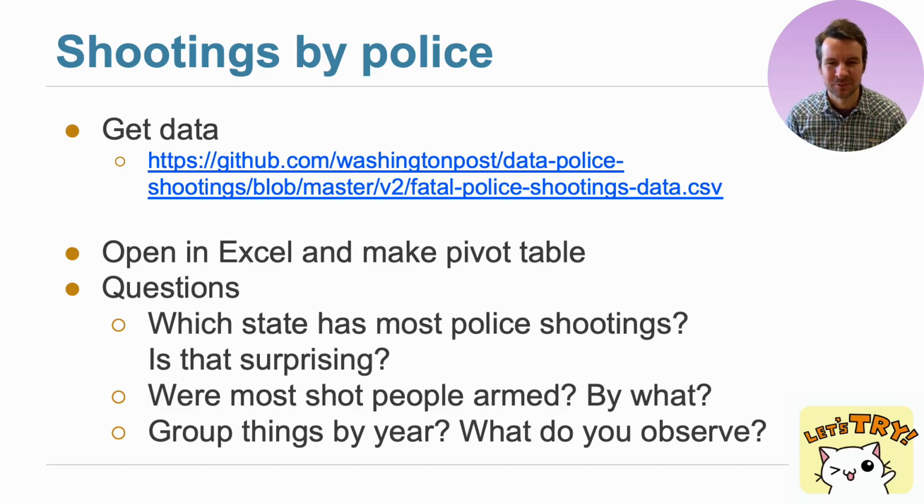We will open it and look at a few different things: which state has the most police shootings. You can try to guess if it is surprising or not. And what are the people armed with, if there is a shooting involved, and then we will try to analyze what happens as the years are changing.